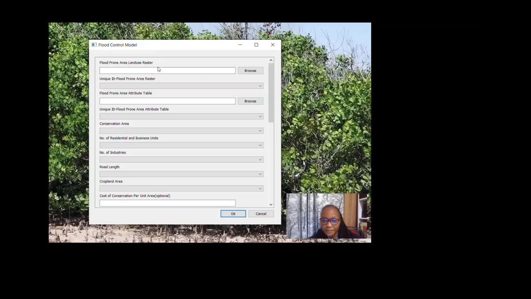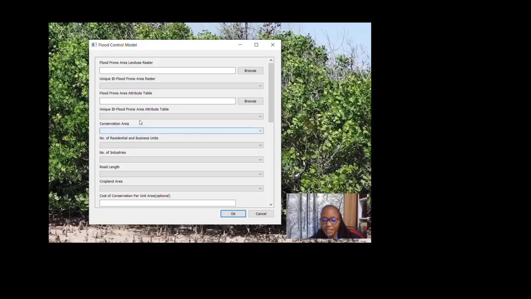The next thing is the unique ID flood prone area raster. Just like we have said, we need a unique ID for the raster and a unique ID for the attribute table, where the information within these columns is the same, so that the raster can pick up the data from the attribute table that defines the information about the classes within the flood prone area.